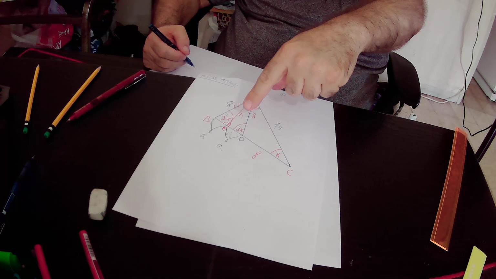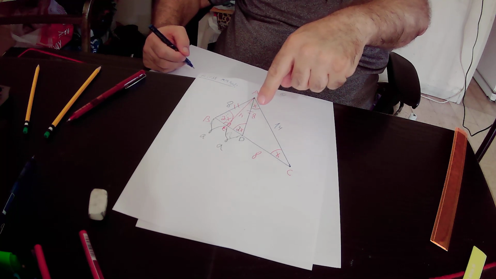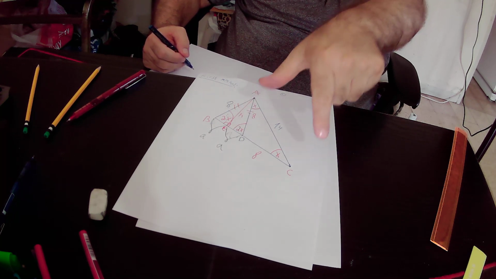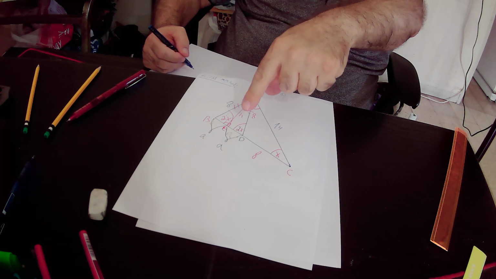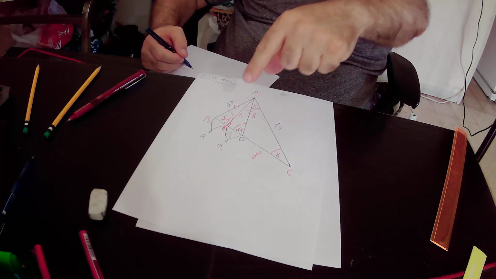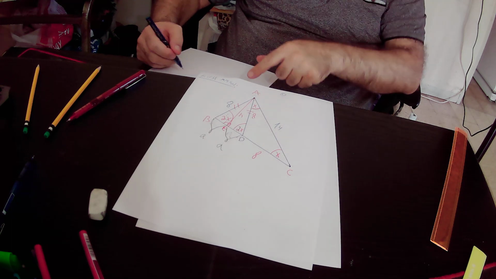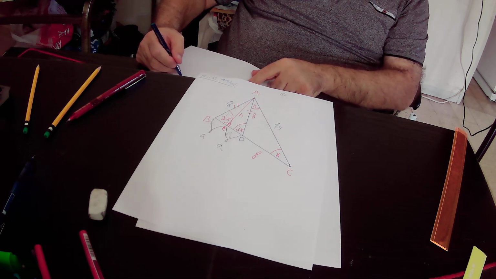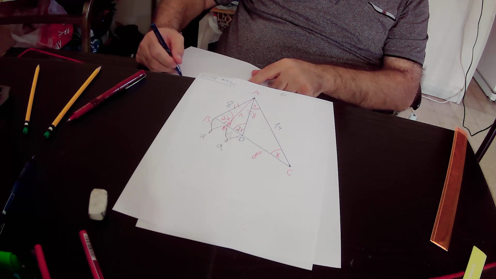As you can see, AE indeed creates 90 degrees with the base BC. Therefore, AE is the height of triangle ABC because it creates 90 degrees with the base BC. So it is BC times h, the height is h, over 2.